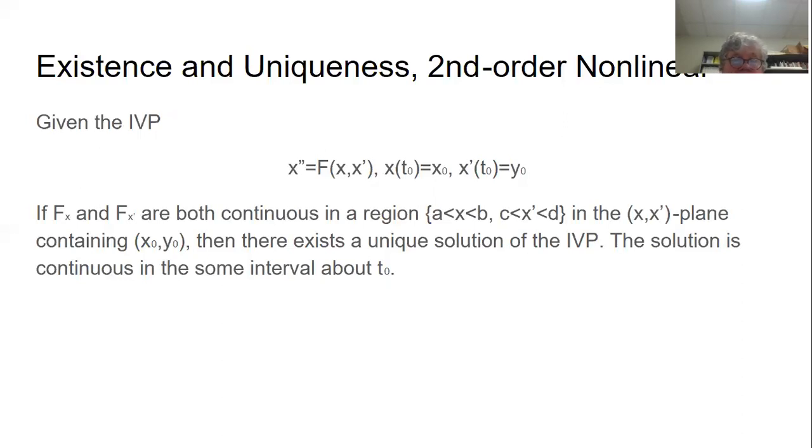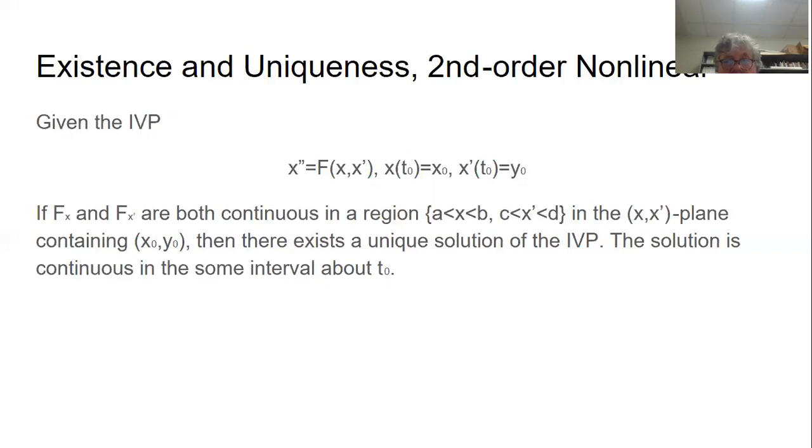Here, if we've got x double prime is a function of x and x prime, if we look at that function f, and if the partial derivatives with respect to x and with respect to x prime are both continuous in some region containing our initial values, x naught, y naught, then there exists a unique solution.